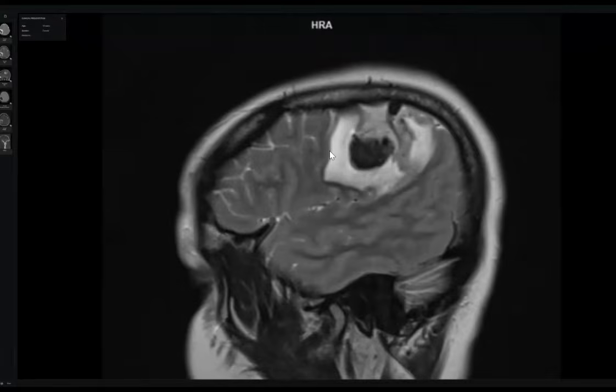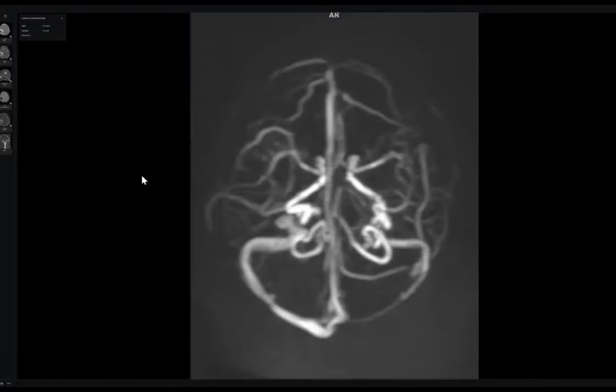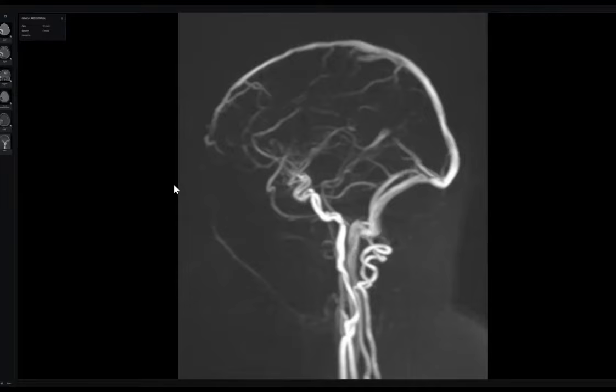Which sequence do you want? I will look at if there's an MRV of the sinuses. Okay. This is MRV and this is MRV. What do you think?